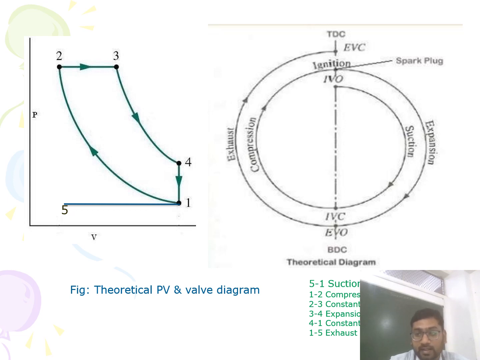Further 180 degrees, TDC to BDC, you can see the expansion process, and then the exhaust valve opens, and exactly at the TDC the exhaust valve is closed. It means the whole working cycle is indicated by two crank revolutions. So this is the theoretical PV diagram and valve timing diagram of the four-stroke diesel engine.